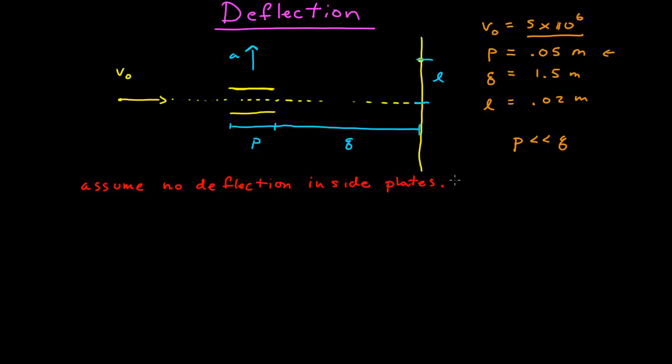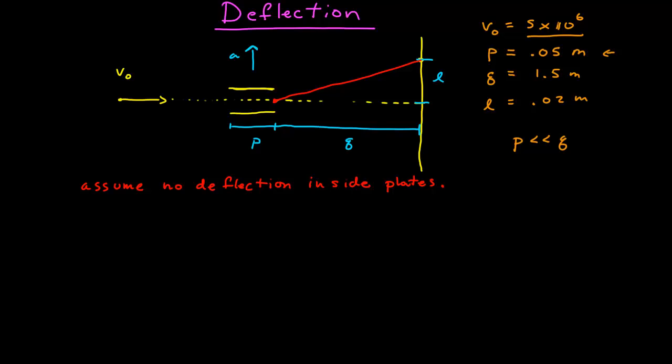I have two regions of space, inside the plates and then outside. Inside the plates, it's going to acquire some velocity, but let's assume for a moment that it acquires no deflection, so that when it reaches the output of the plates, it hasn't changed its vertical direction at all.